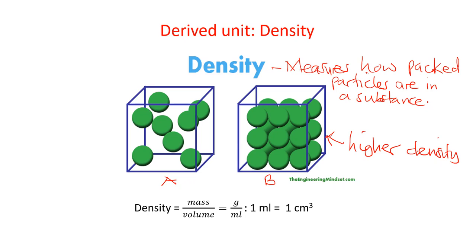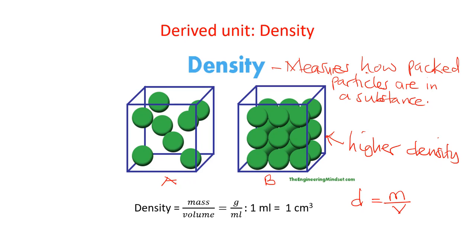You cannot use mass only to tell you the density. You cannot use volume only to tell you the density. Density must have both mass and volume. So we need to take note of that.